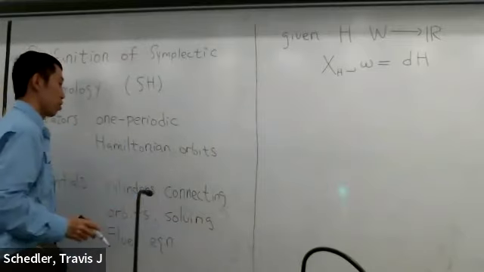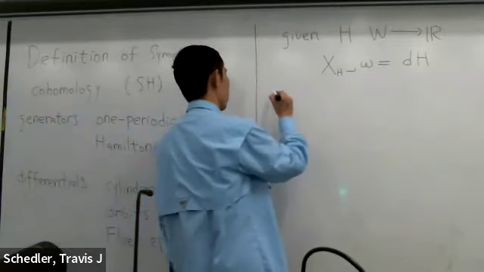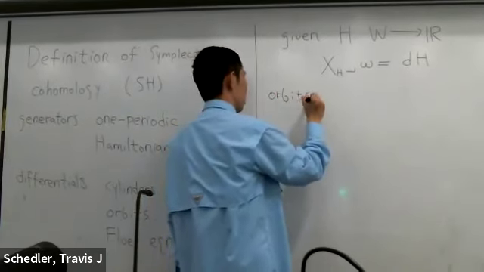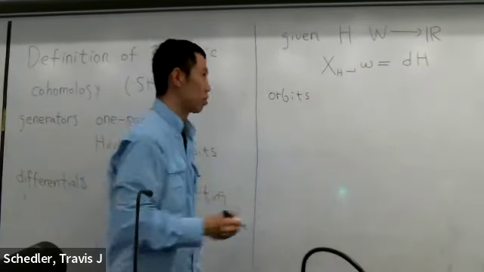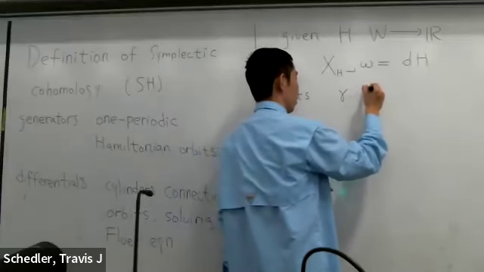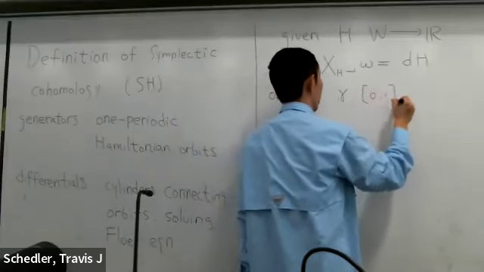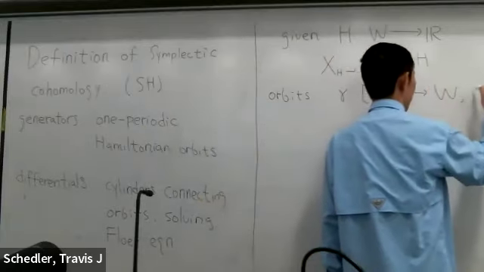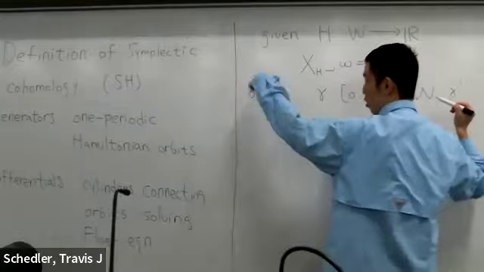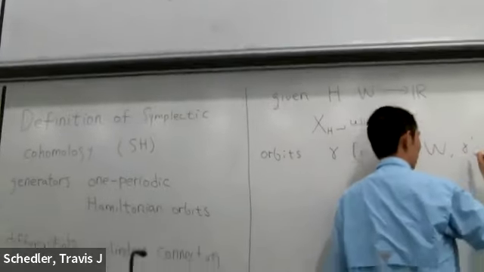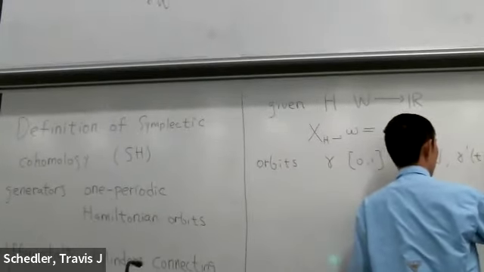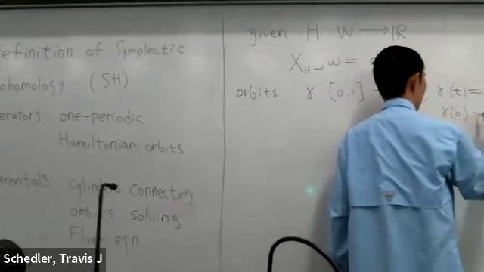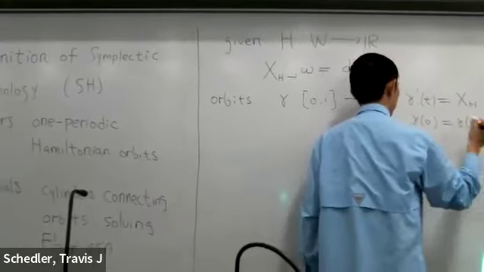And an orbit is a map from, let's say, [0,1] to our symplectic manifold, such that it is an orbit of this vector field: gamma prime of t equals X_H, and gamma(0) equals gamma(1).